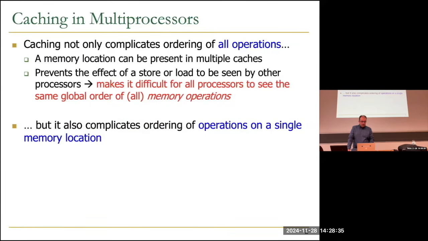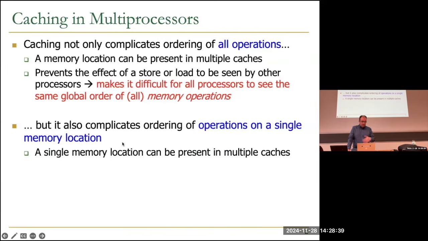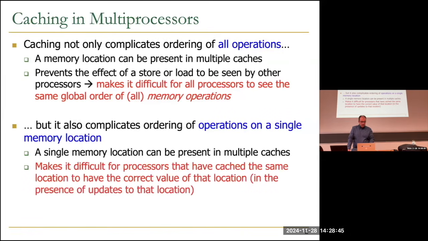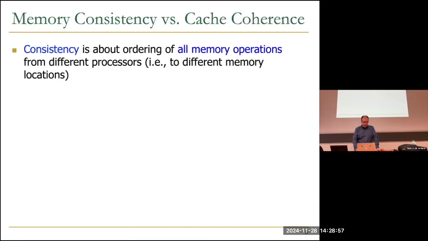It also complicates ordering of operation on a single memory location, which is the topic of this lecture, essentially. So a single memory location can be present in multiple caches, which makes it difficult for processors that have cached the same location to have the correct value of that location in the presence of update to that location. We're gonna see actually with some example.